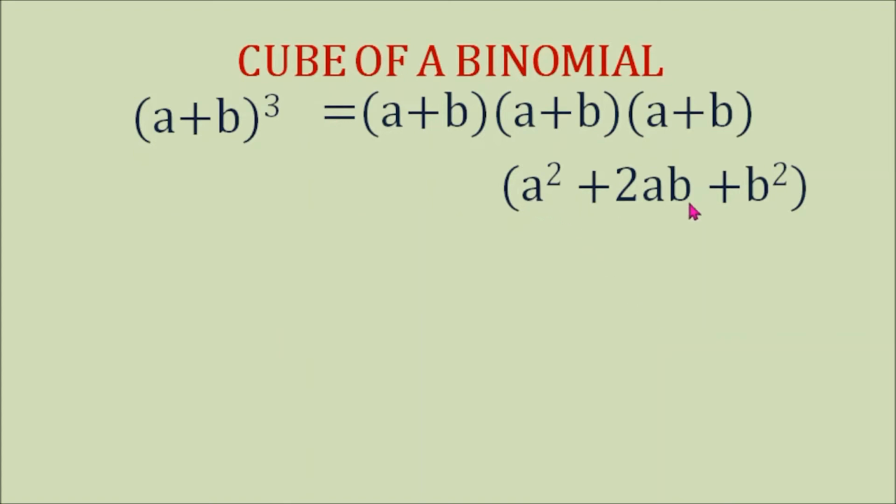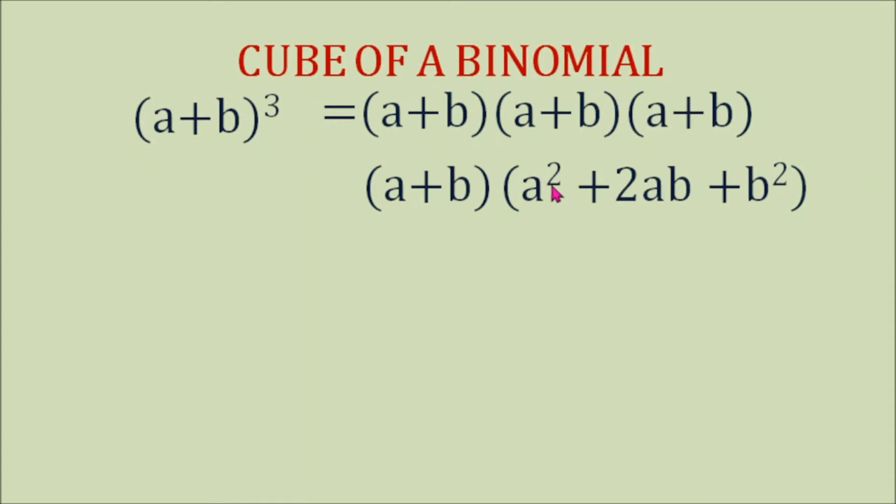So this is the product of the quantity a plus b times the quantity a plus b. And we are going to multiply this product by another binomial a plus b. And we are going to use distributive property of multiplication.